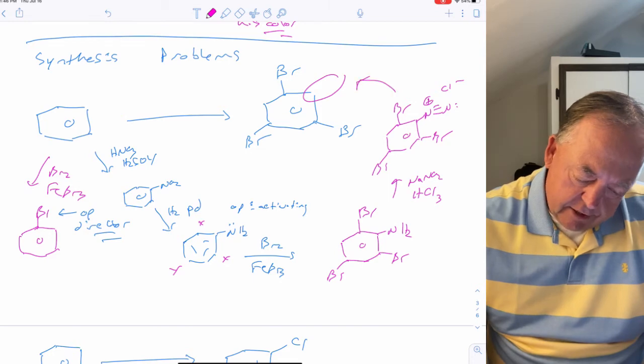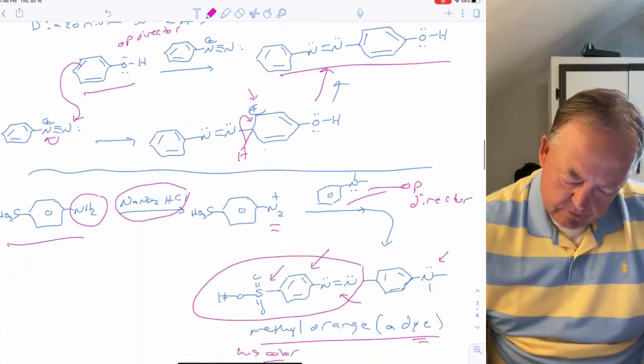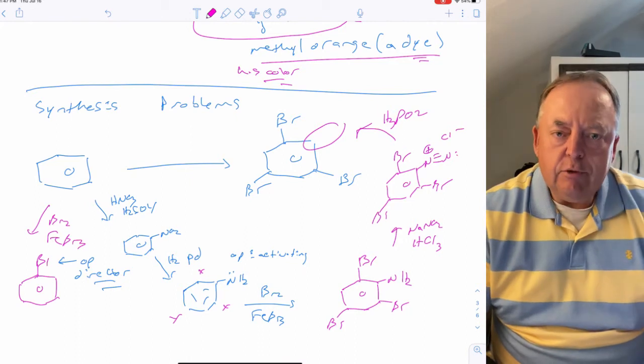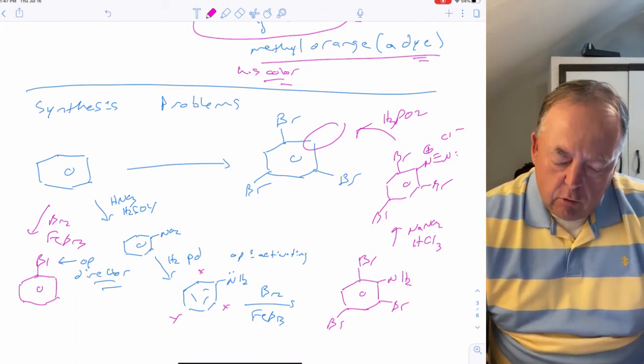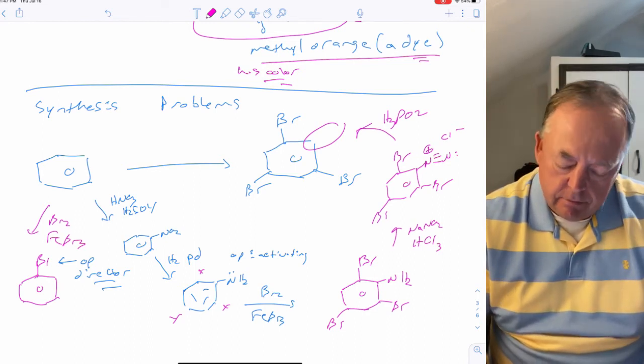And then you take the diazonium off, so with H3PO2, right? Okay, so in this case, you've put a directing group on the ring to direct things where you want them to go, and then you took it off by utilizing the diazonium salt.